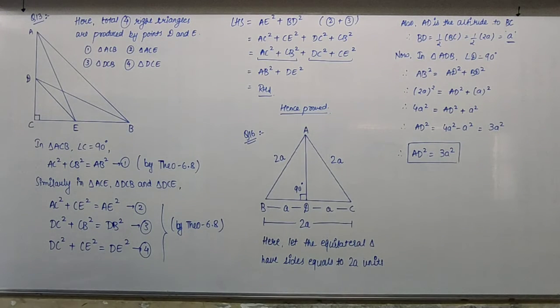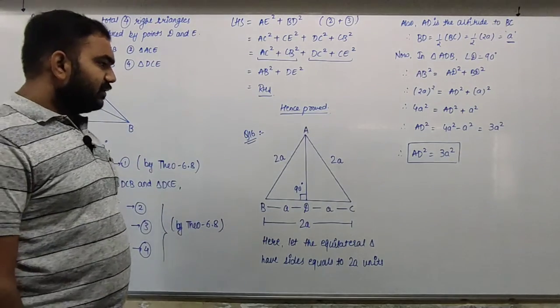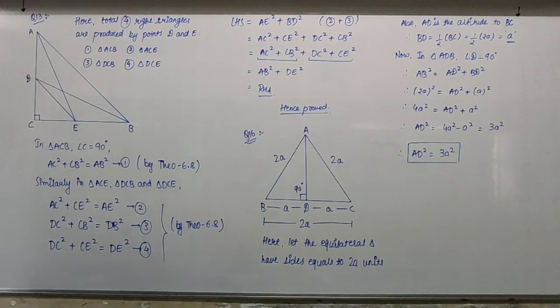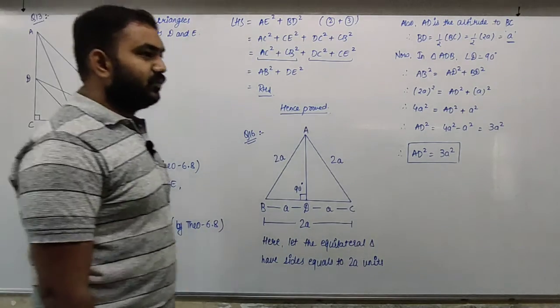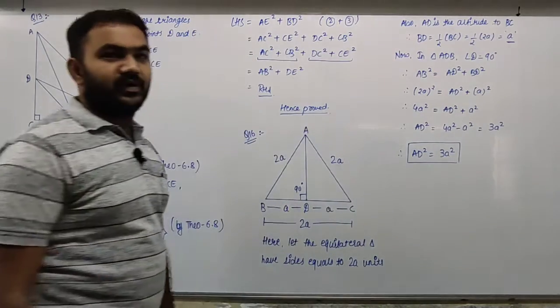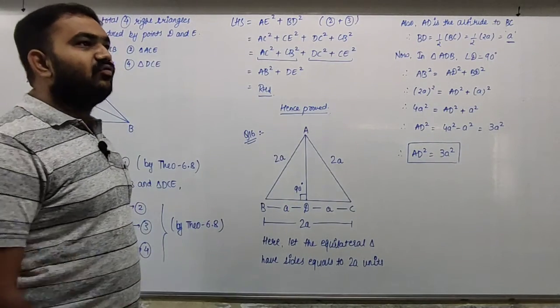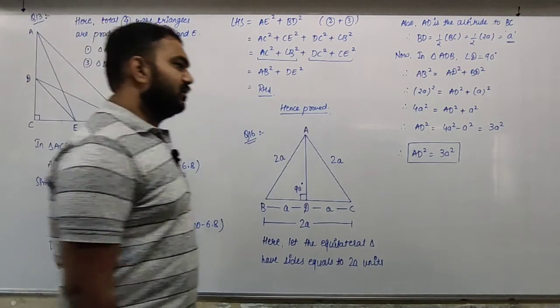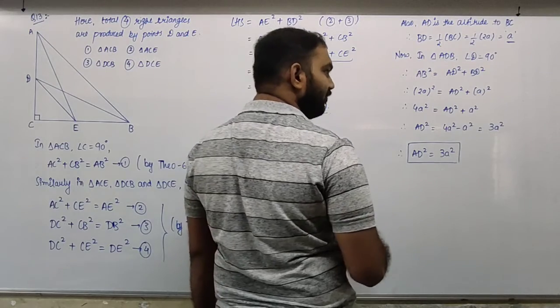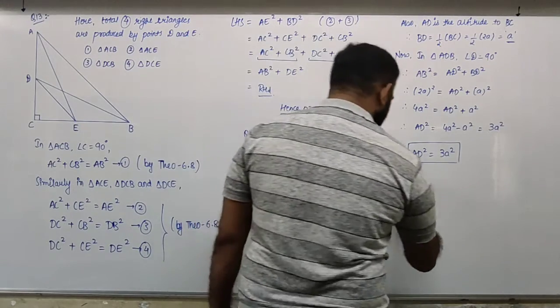Now, we need to prove that 3 times the square of one side, any one side, equals 4 times the square of its altitude. That is what we want to prove. So what do we need to do? Let us see. I think we will multiply by 4 on both sides, because we have to prove 4 times the square of the altitude.